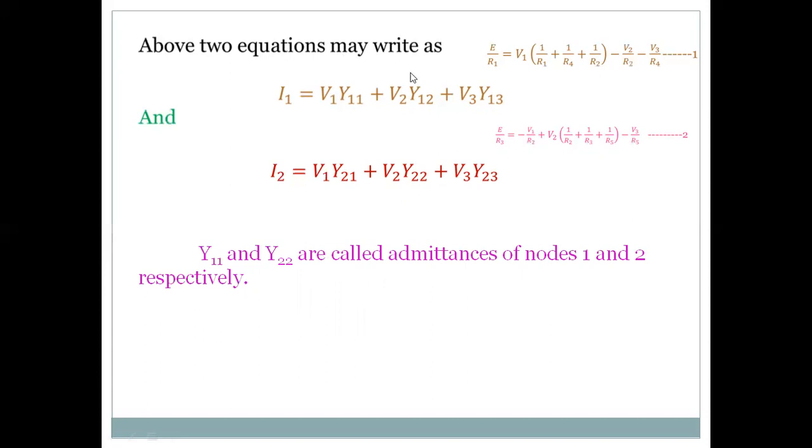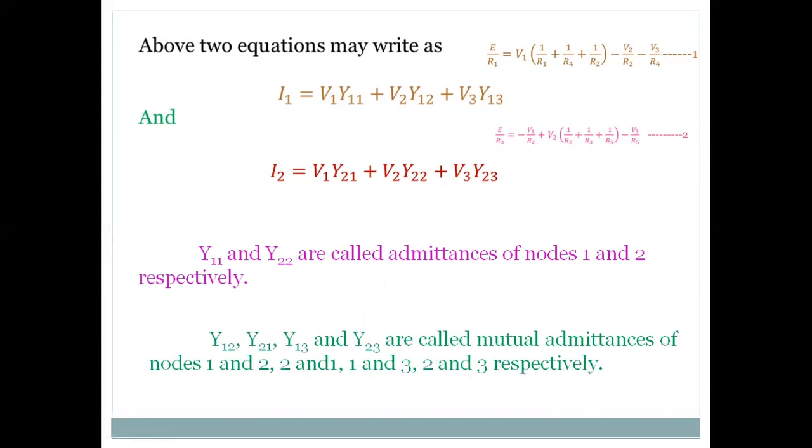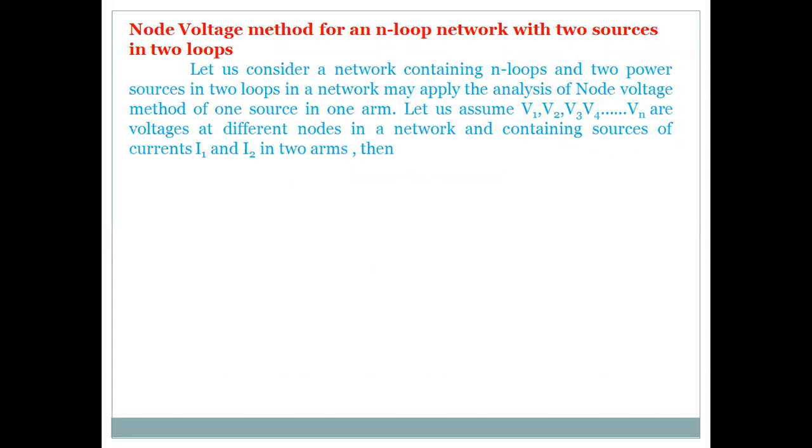The remaining terms Y12, Y13, Y21, and Y23 are called mutual admittances of nodes 1 and 2, 2 and 1, 1 and 3, and 2 and 3 respectively. Of course, this method was applied to two loads and one power source, but this theorem can be applied to n number of loops and n number of sources also.